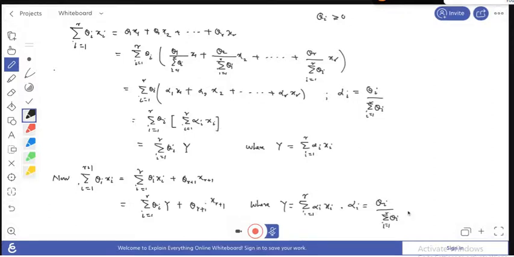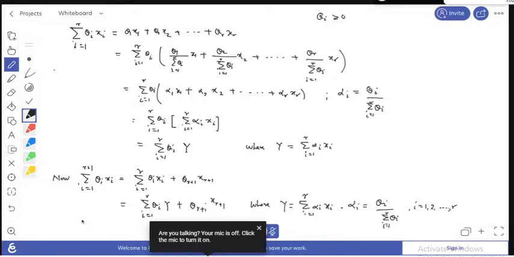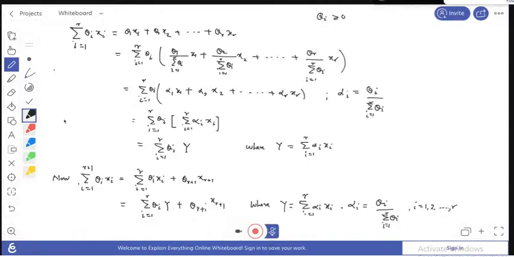So you can express this term, the summation of theta i xi when i varies from 1 to r plus 1, in this form. You have to take the functional form of that, because on the left hand side we apply the functional f on this. So this equals this thing. So, in the next page.